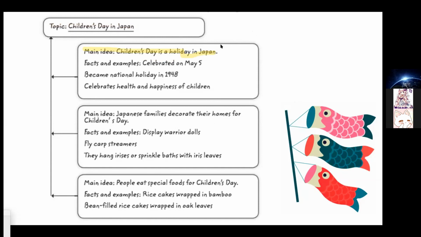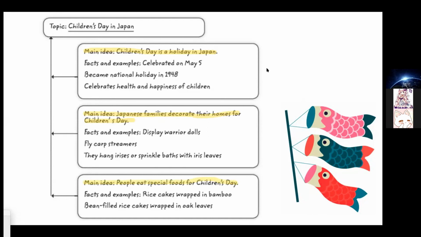What is main idea number 2? Japanese families decorate their homes for Children's Day. So our second main idea is Japanese families decorate their homes for Children's Day. Good job. And what is main idea number 3? Main idea number 3 is people eat special foods for Children's Day.